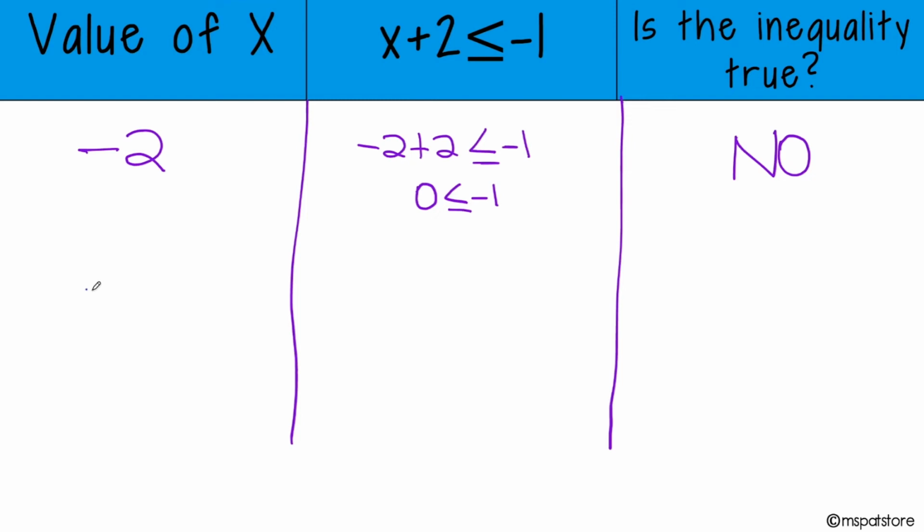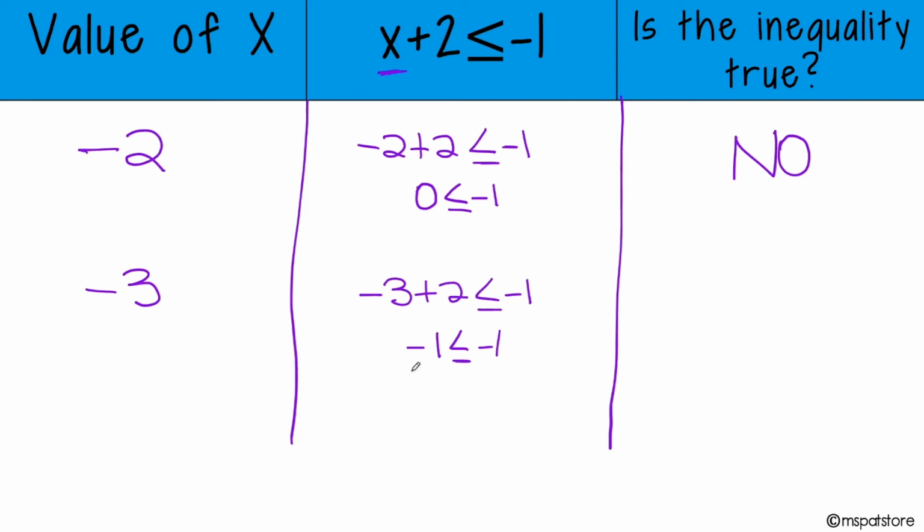How about -3? So I'm going to substitute my variable: -3 plus 2 is less than or equal to -1. Let's see. -3 plus 2 is -1, because as they have different signs, you need to subtract. -1 is less than or equal to -1.